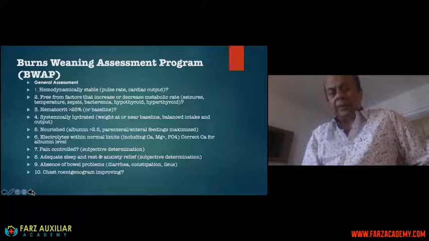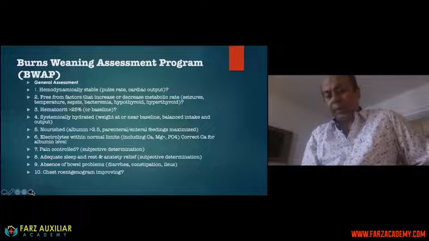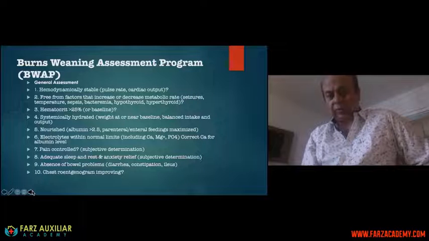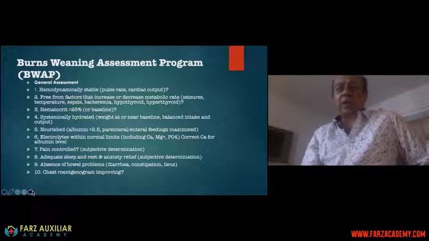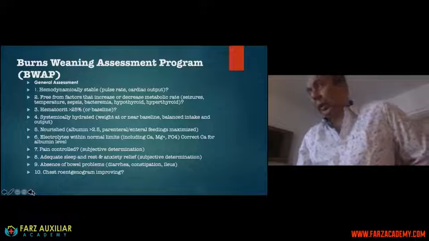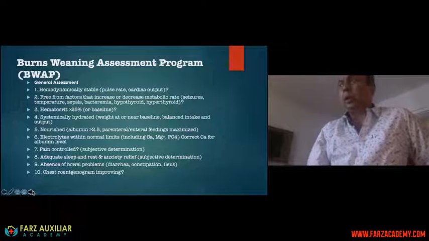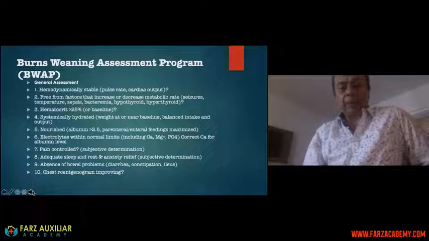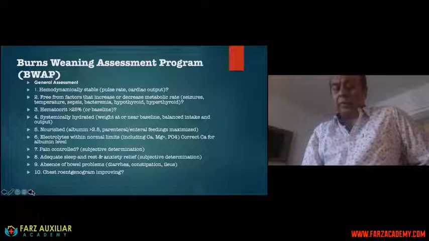Next, the patient is systemically hydrated. A patient who is very dehydrated or overhydrated is not fit for weaning. They have to be well nourished. A criterion of albumin of 2.5 has been given. Albumin may not be a good indicator, but a very low albumin might be a deterrent towards weaning. Next, electrolytes within normal limits.